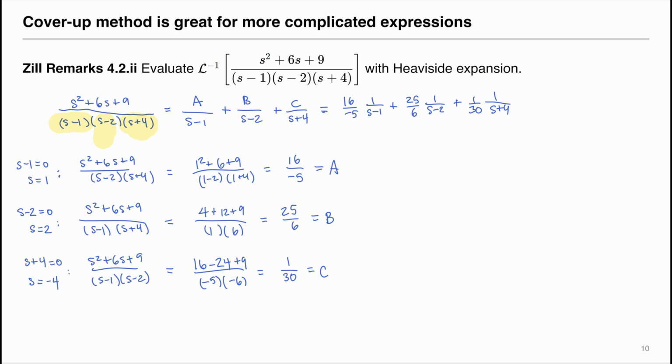Right. That's the first part of the problem, partial fraction expansion. And the second part is to inverse Laplace transform everything. We can use the linearity property, take out all the constants, and then do it term by term.